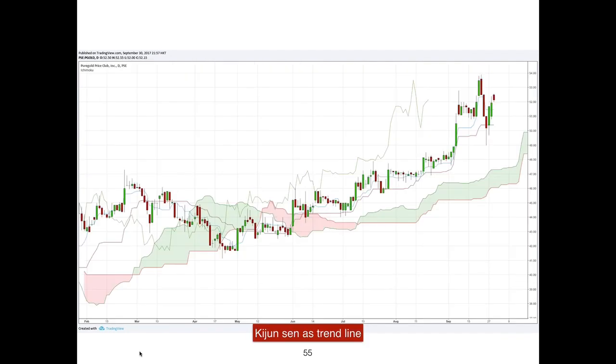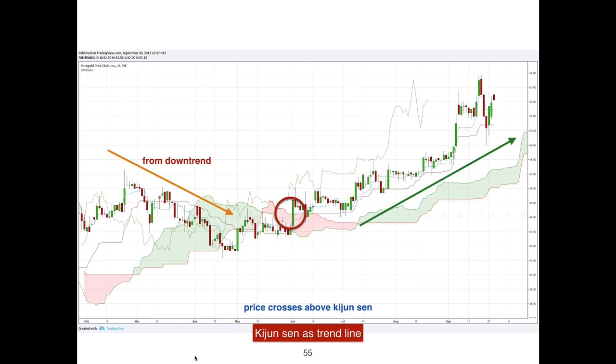The Kijun-sen is also a built-in trend line. In the first half of this chart, the Kijun-sen acted as price resistance. Price trended below the Kijun-sen. Then a reversal happened. The price crossed above the Kijun-sen. This was a bullish signal that resulted in an uptrend.